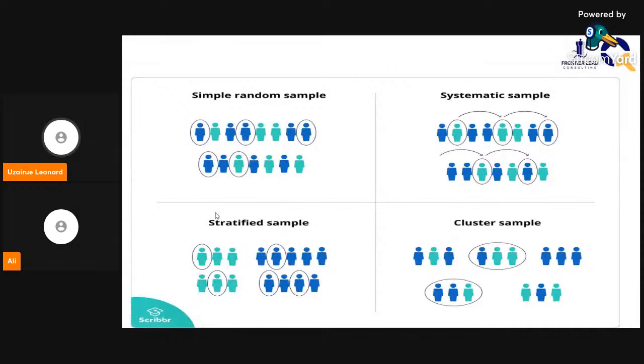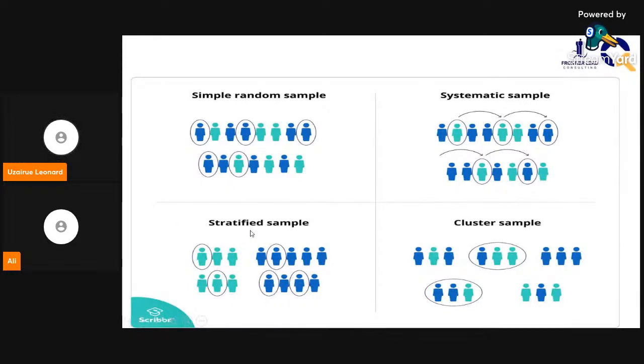Then the next one is what we refer to as stratified, from the word strata, meaning that you are grouped into different groups. Now you can see here, all the people in green are grouped together, while those in blue are grouped together.